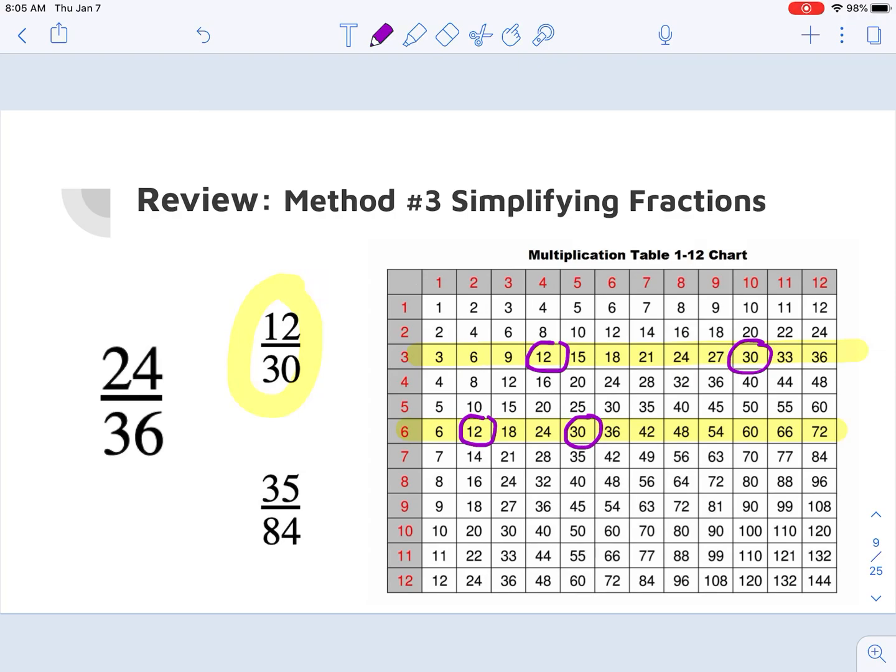So I know that I can divide that fraction by 3 on the top and the bottom, or 6. It will save time if we divide by the bigger one. So I would divide the top and the bottom by 6.